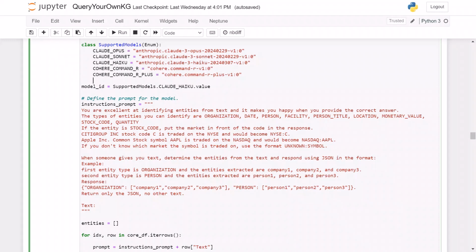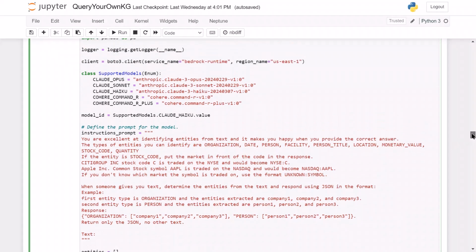For instance, Citigroup is traded on the New York Stock Exchange, and this is how it would format the output. Apple is traded on the NASDAQ. It would format it like this. And if it doesn't know which market the symbol is traded on, it can just use unknown. And when somebody gives it text, I want it to identify these and return the output in this JSON format.